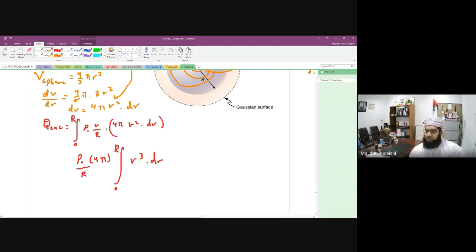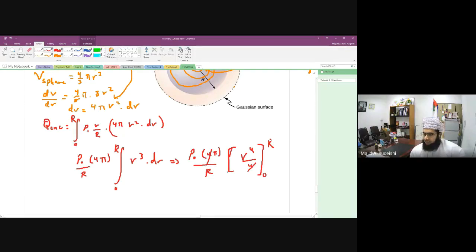This gives us 4 pi rho naught over capital R, and in the square bracket we have r to the power 4 over 4. This is the result of the integration, but we are integrating from 0 to capital R. Now we know that there is a 4 here, so the 4 will cancel with the 4.